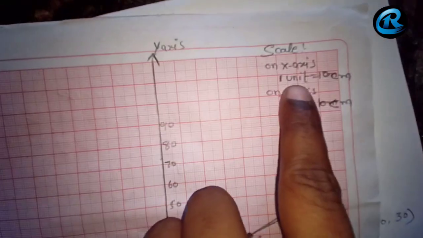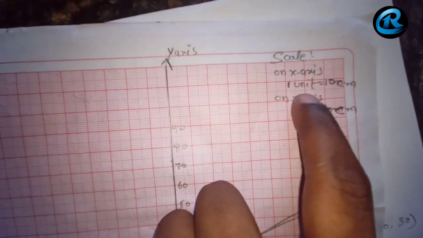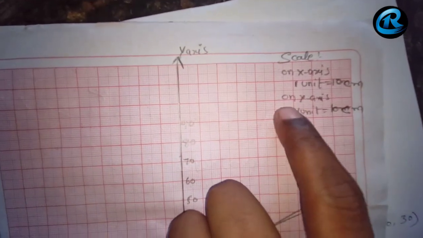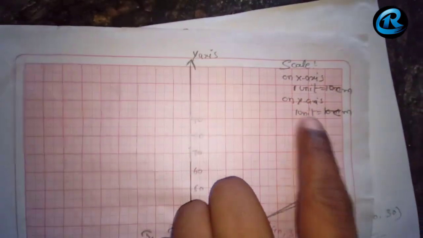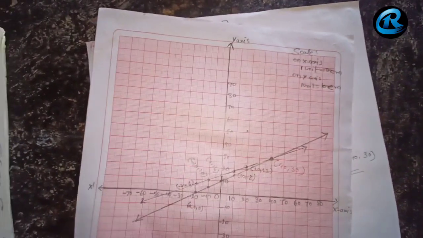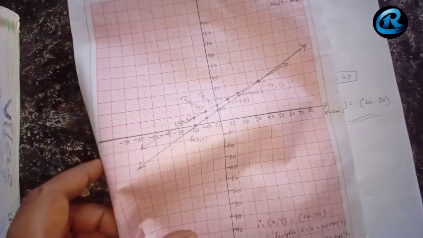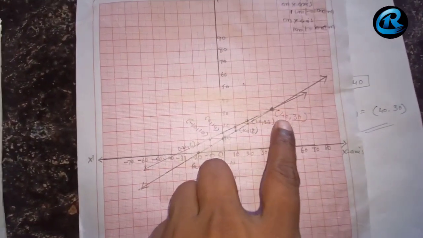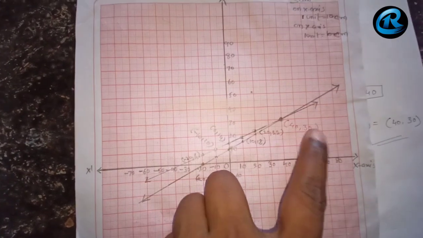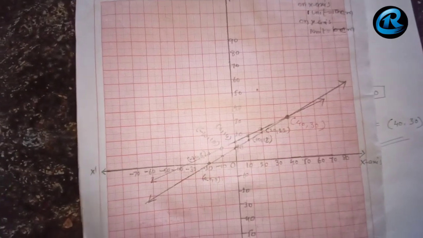But here, the scale I have taken, you need to observe. On the x axis 1 unit equals 10 centimeters and on the y axis 1 unit equals 10 centimeters. I have taken this scale. You have to concentrate on the scale, because the scale is a must. So from the graph we got x equals 40. That means the length of the rectangle is 40 and the breadth of the rectangle is 30.